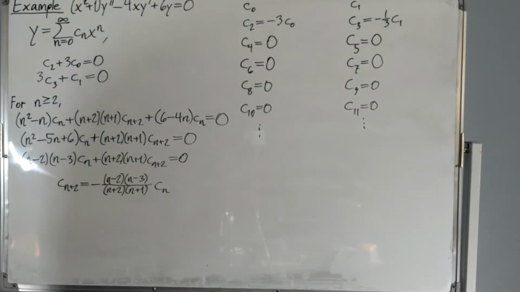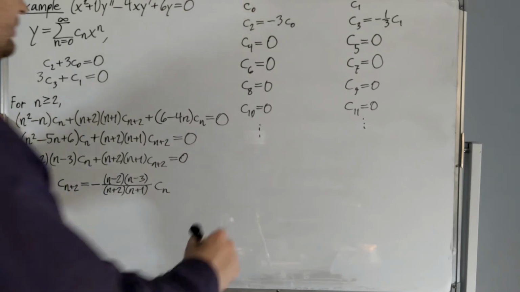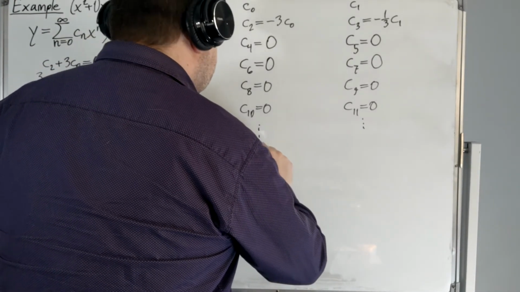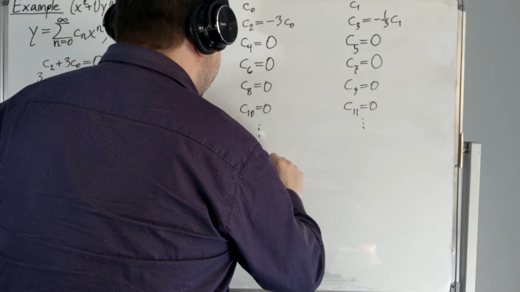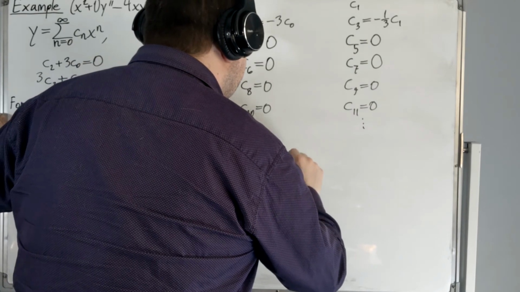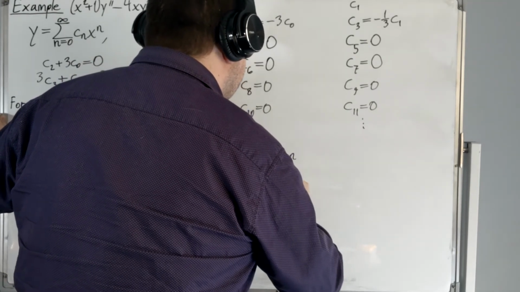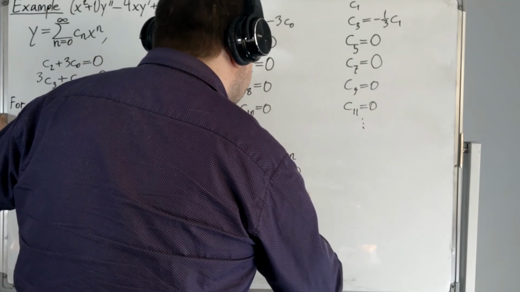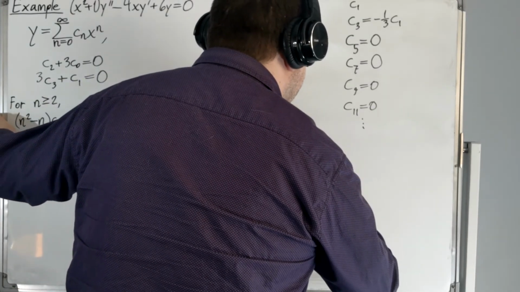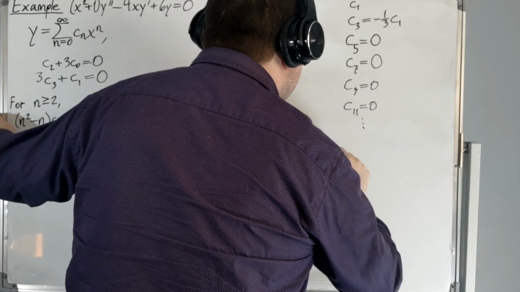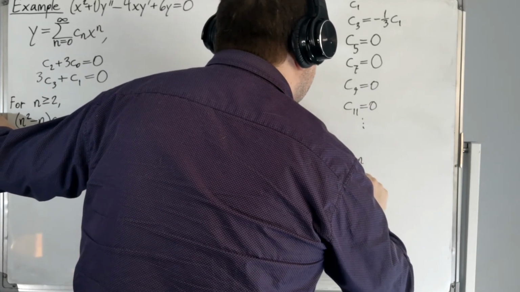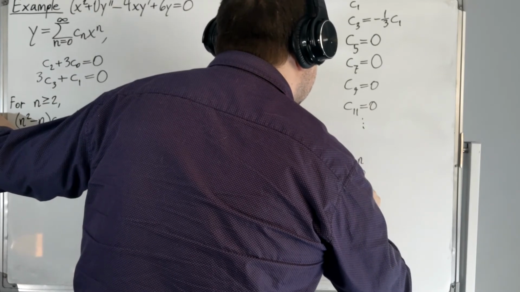Okay? So y, the solution, is going to be the sum from n equals 0 to infinity, Cn x to the n for all of the even terms, plus the sum from n equals 0 to infinity, Cn x to the n for all of the odd terms.